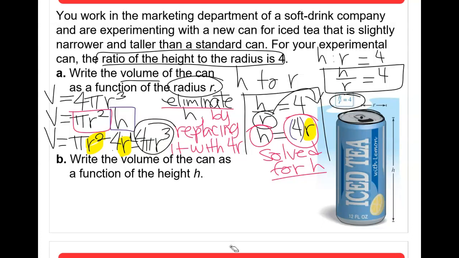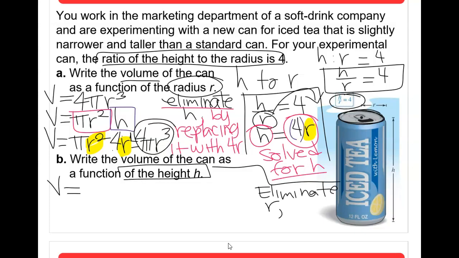So now, since we want to write the function for volume as a function of the height, we want to eliminate r.